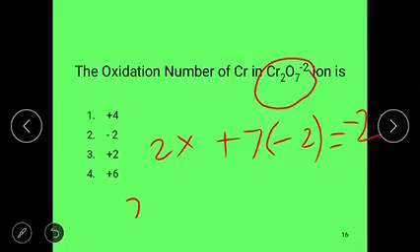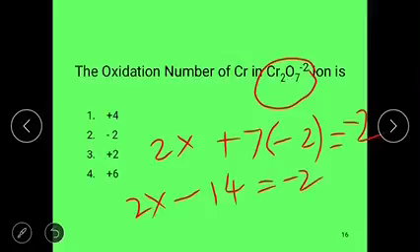Then 2x plus 7 into 2, 14, so minus 14, equals minus 2.